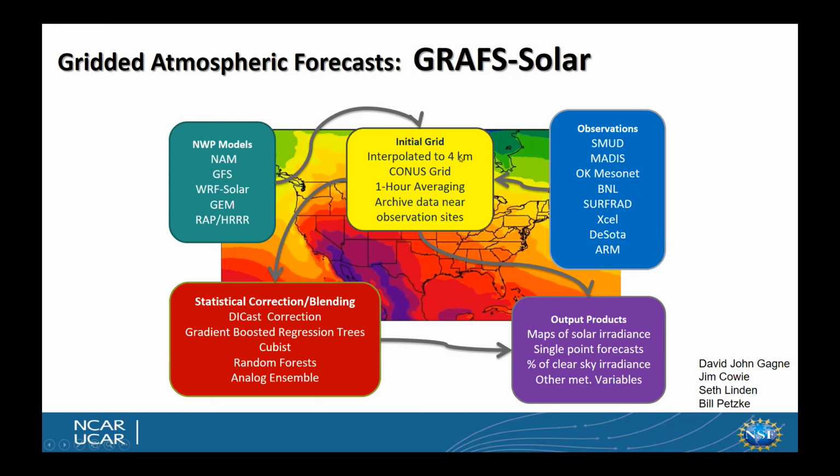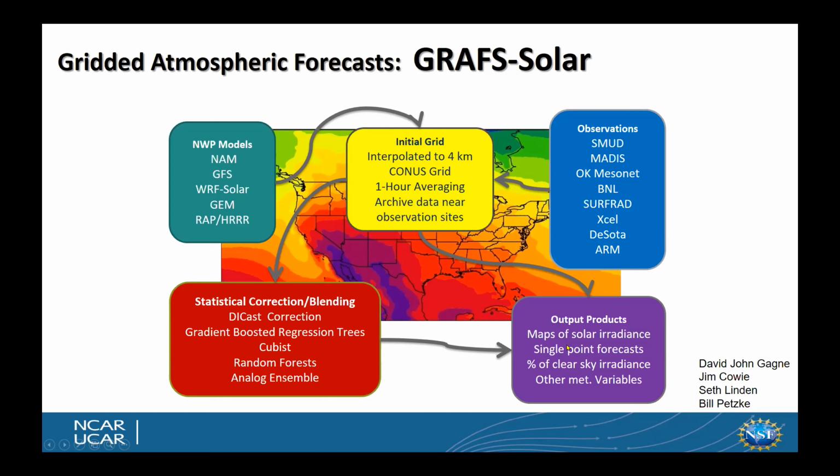In that case, it was a 4-kilometer CONUS grid, with the appropriate averaging period. Then we can apply any number of correction methods. We can use DICAST itself at each and every point, and then interpolate on the grid using smart interpolation and blending methods. We've also tested things like gradient boosted regression trees, random forests, analog ensemble methods, etc.